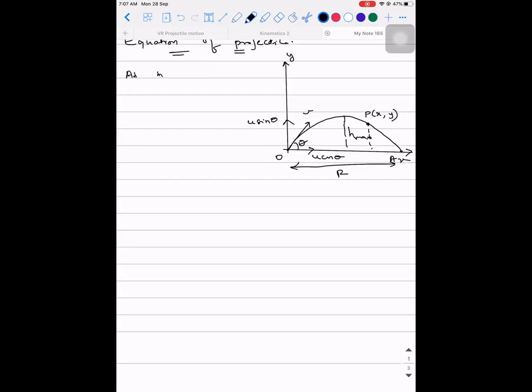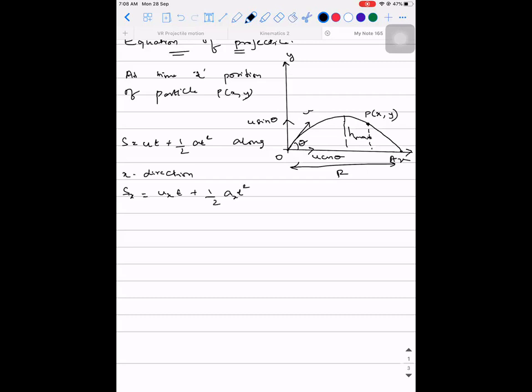At time t, the expression I'm going to derive is an important one and you're supposed to remember it. At time t, the position of the particle is x, y. If we apply S equals ut plus half at square along the x direction, we get Sx equals ux into t plus half into ax into t square.